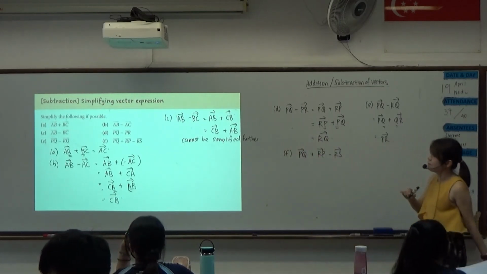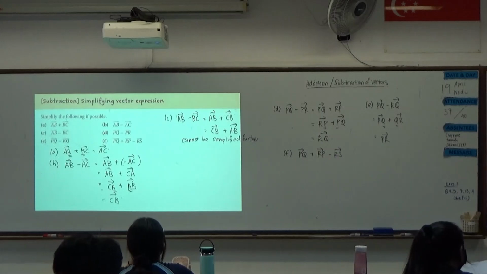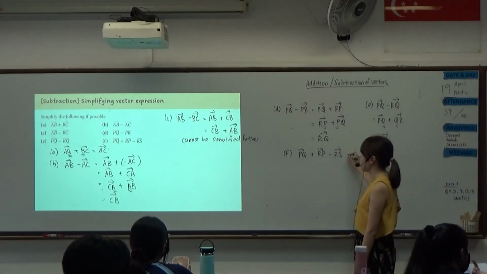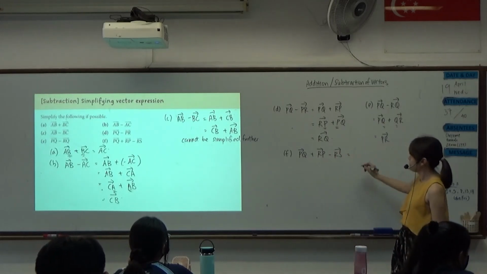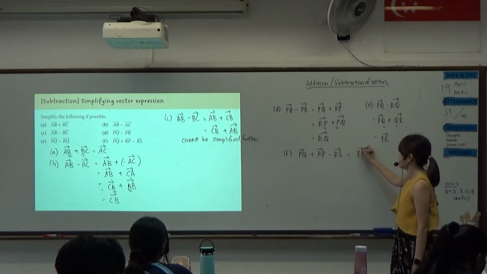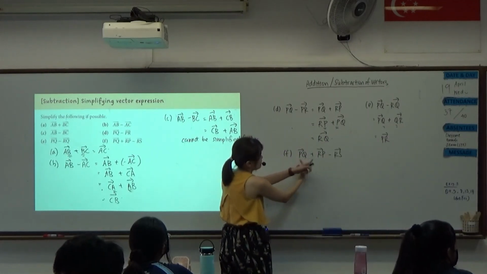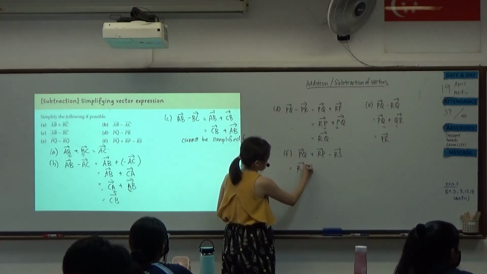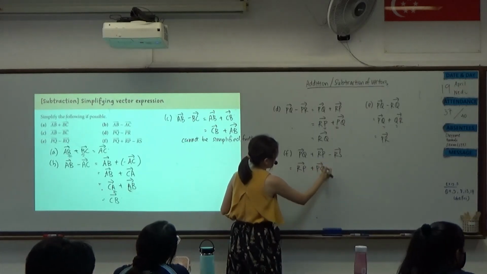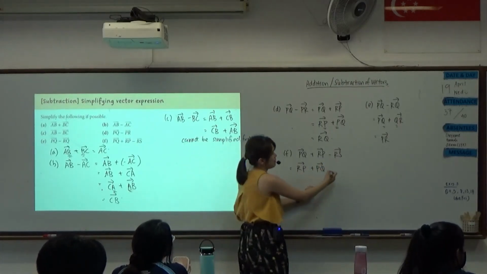So even if you're given three different vectors to add or subtract, we do things part by part. So PQ plus RP, let me write it here instead. Switch them around to write it as RP plus PQ, followed by minus RS.